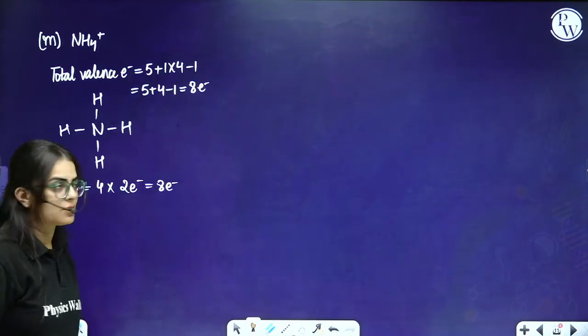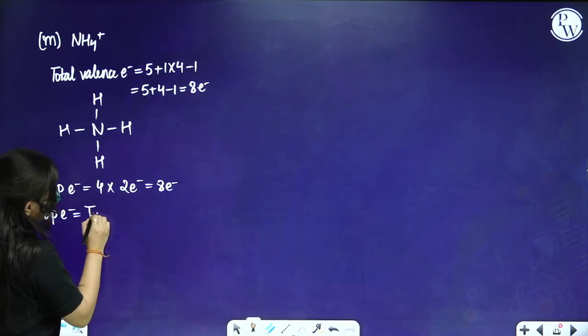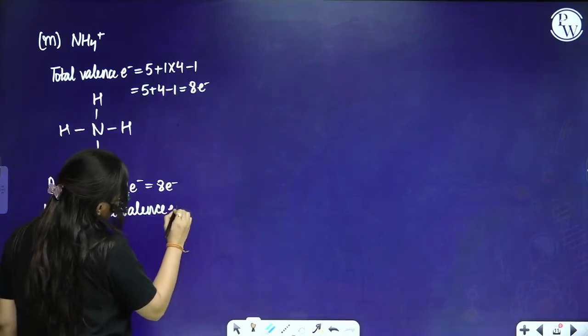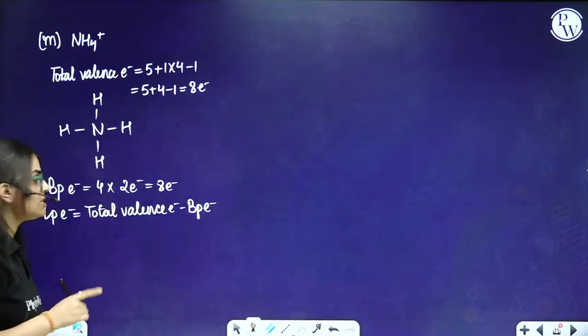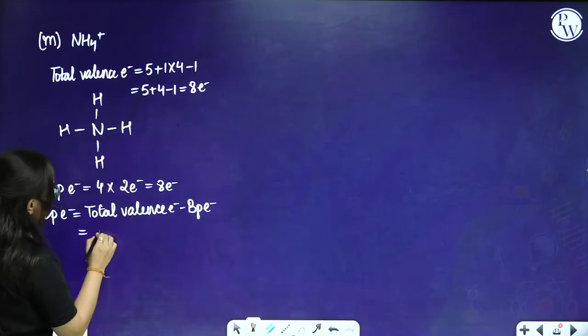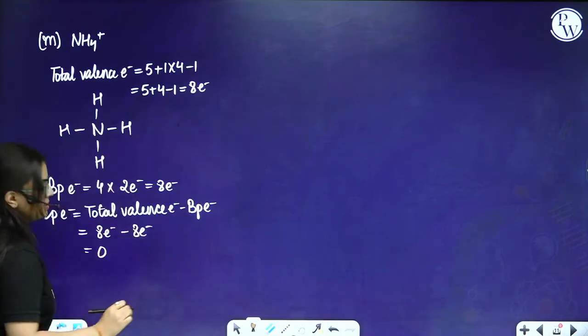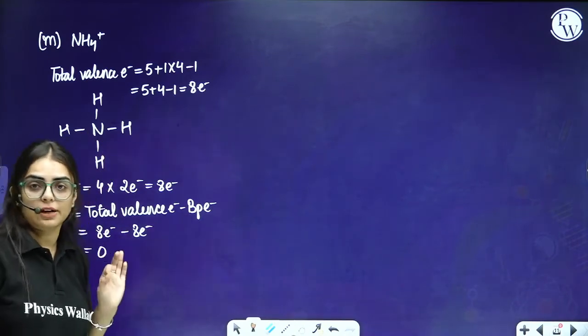Now, the lone pair electrons are total valence electrons minus the bond pair electrons. Total valence electrons is 8, minus bond pair 8 electrons, so this comes out to be 0. That means it does not contain any lone pair of electrons.